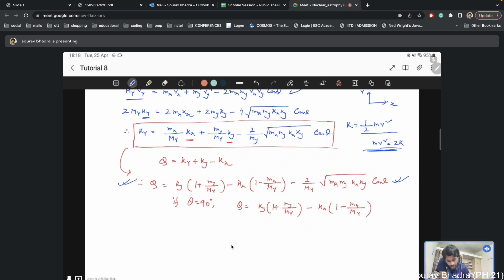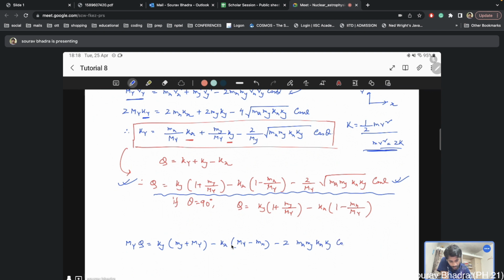If you multiply that particular equation with capital My, that is the mass of the capital Y, then MyQ will be Ky My plus capital My, minus Kx My minus Mx minus 2 Mx My Kx Ky cos theta, right?